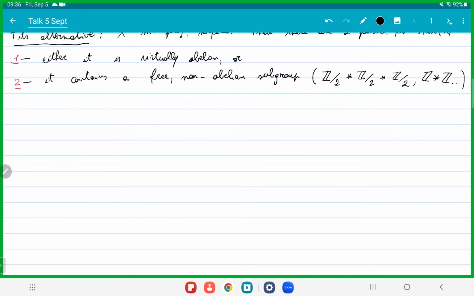And to give a bit of background on why we're interested in K3s, let me briefly recall what happens for the classification of algebraic surfaces. So now we focus on surfaces. Let X be a smooth projective surface.